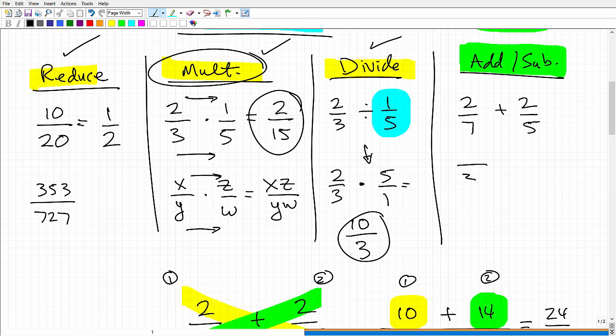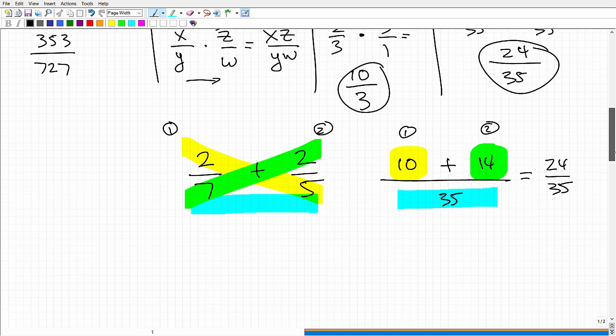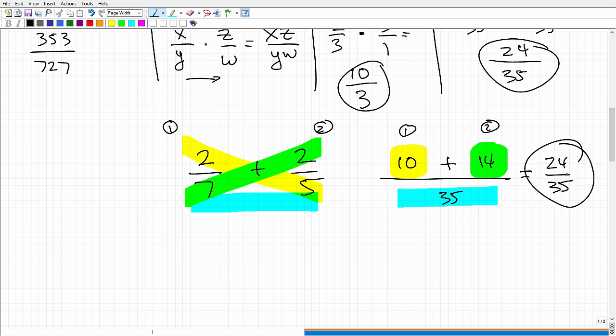So we change this to 35, and multiply this by 5, I get 10 here, 7 here, that's 14. I'm pretty sure I don't know if I wrote 28 or 20. If I did, I made an error, but anyways, the answer is 24 over 35, okay? So you can see here, same answer, much more direct way.